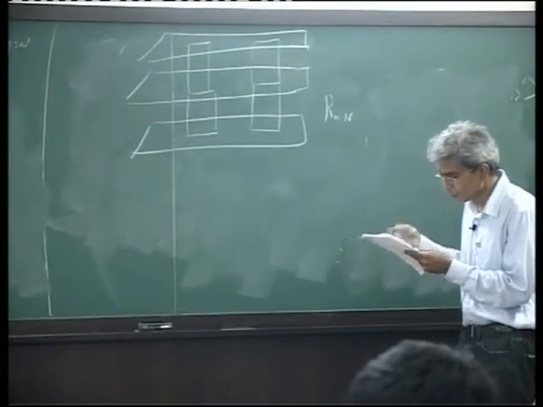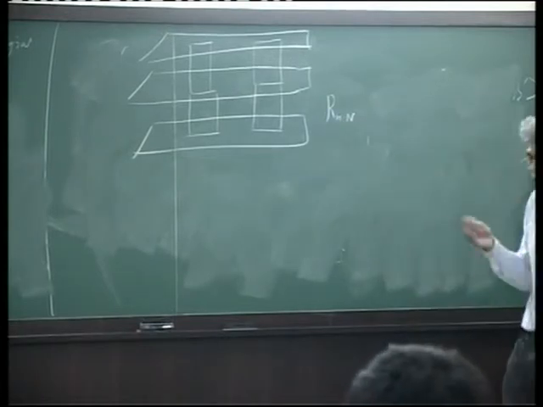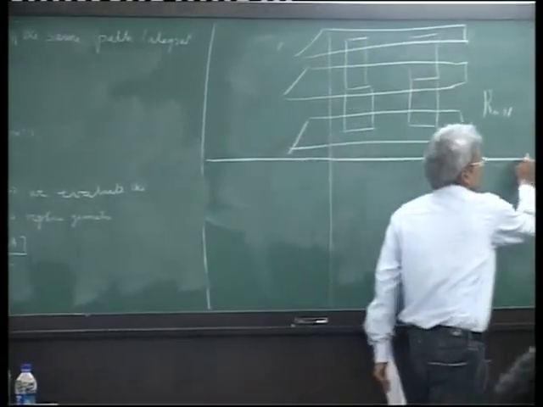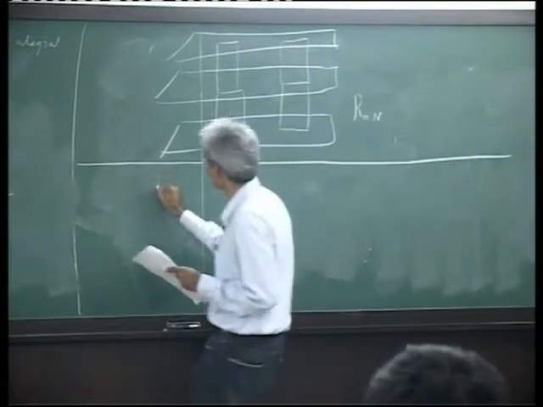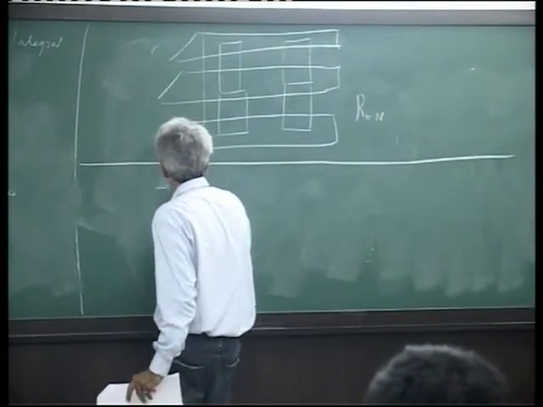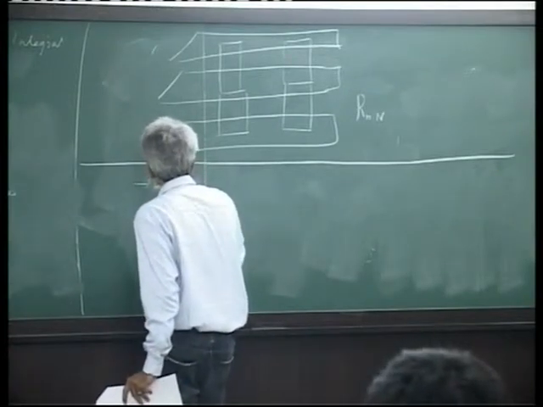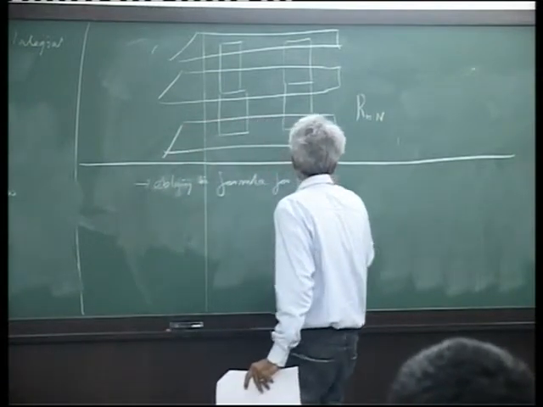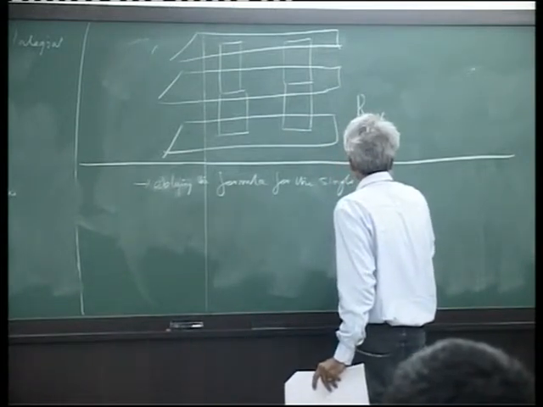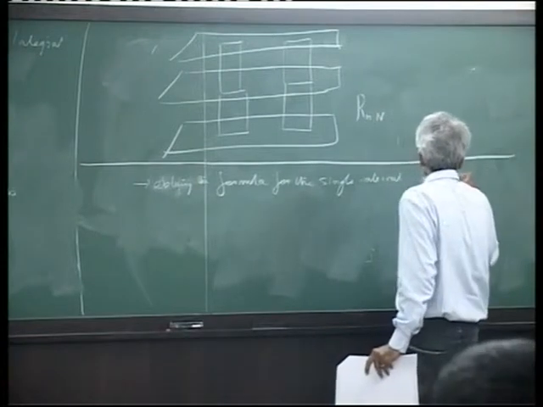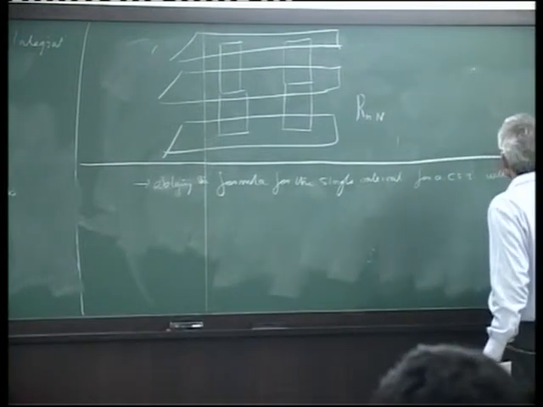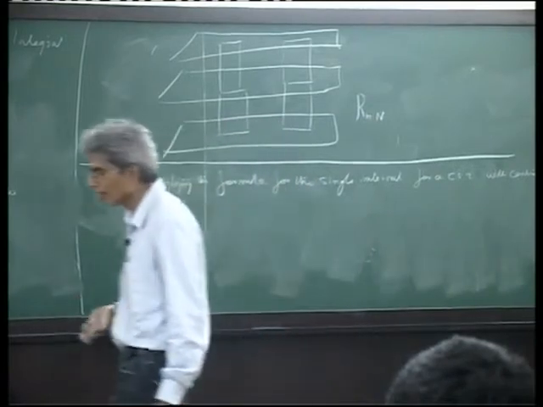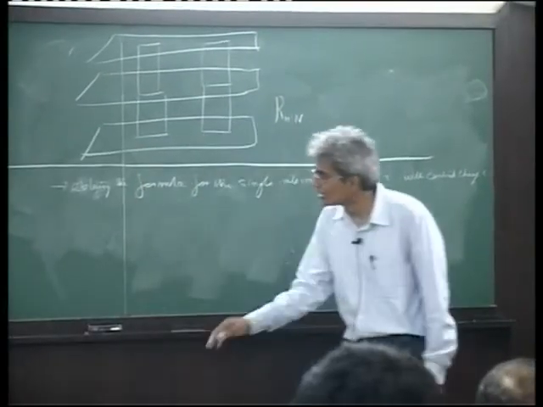Now let's proceed simplistically for the single interval and actually get the formula, for a conformal field theory with central charge C. This is a simplistic argument, I think the one given by Calabrese and Cardy in 2003 in one of their stat-phys papers.